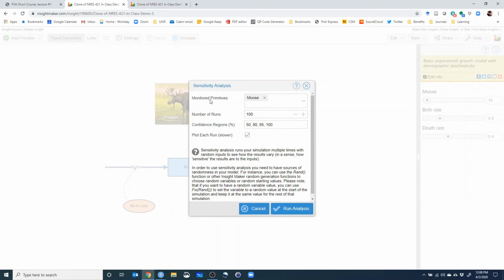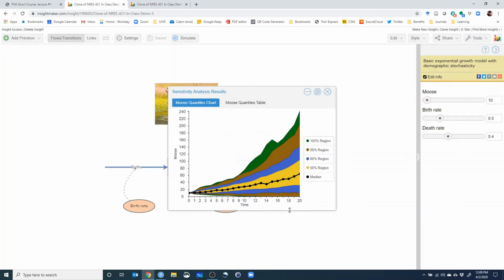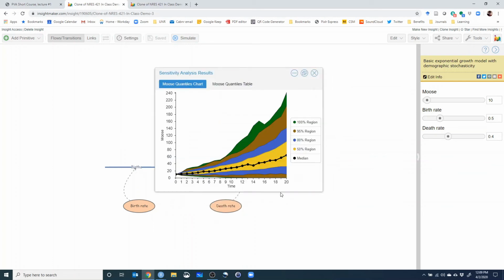Make sure that when it says monitored primitives, you select the moose population, because we want to monitor the moose population over time. And for number of runs, put 100. And we can leave this confidence regions section as is. And I'd like to plot each run. When you're ready, hit run analysis, and you should get this nice looking figure that gives you a range of uncertainty about the future.